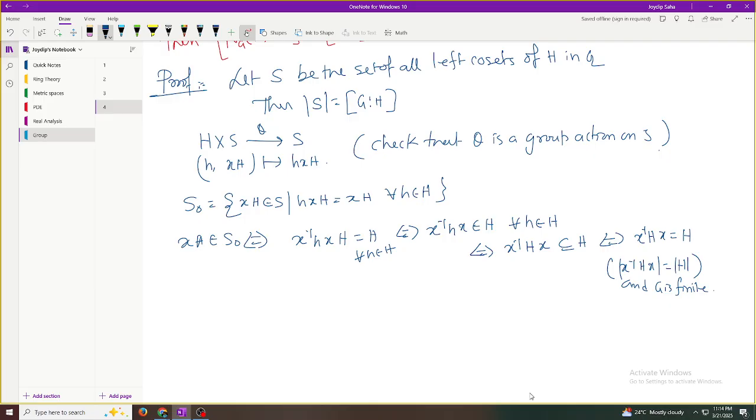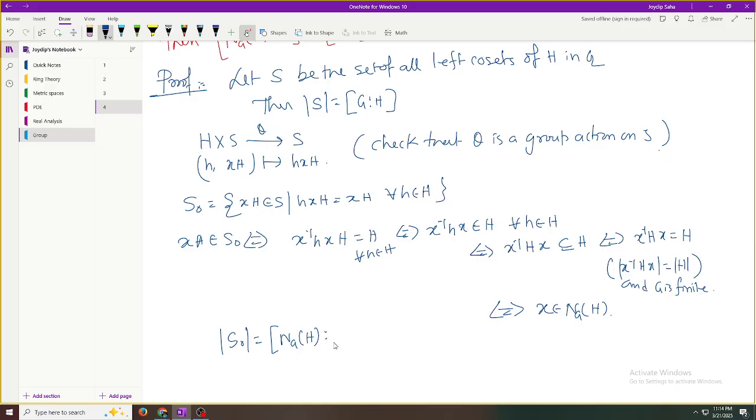So what happened? If and only if x belongs to N_G(H), therefore the cardinality of S0, what is this?